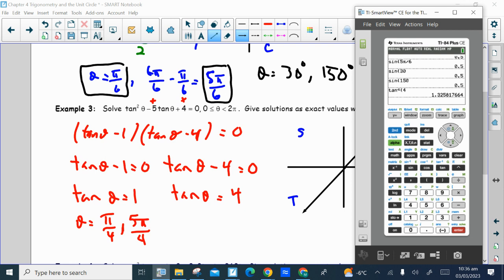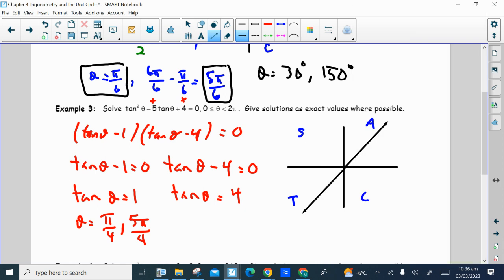The calculator gives us the reference angle, the angle between 0 and pi on 2 radians. And because it is an irrational number, we need to round it, so I'll say 1.3258. That's your reference angle.